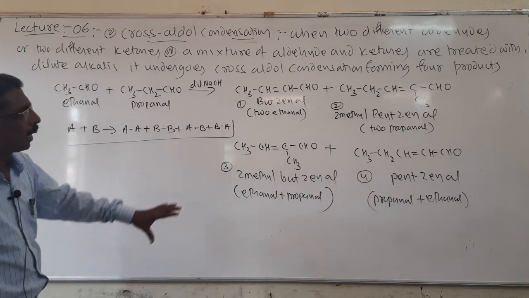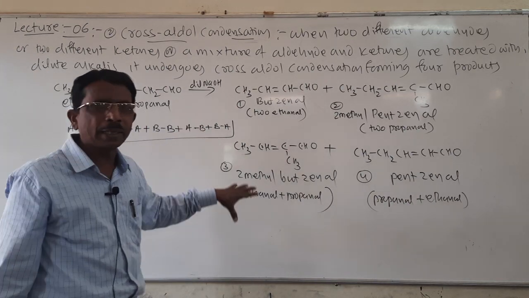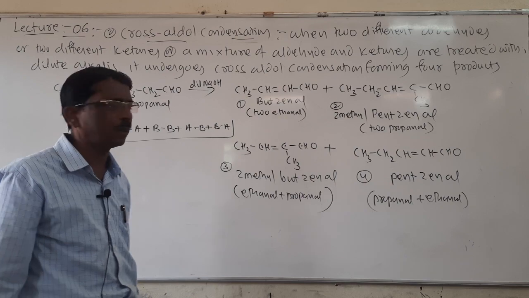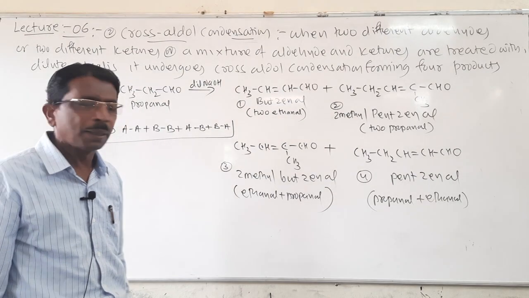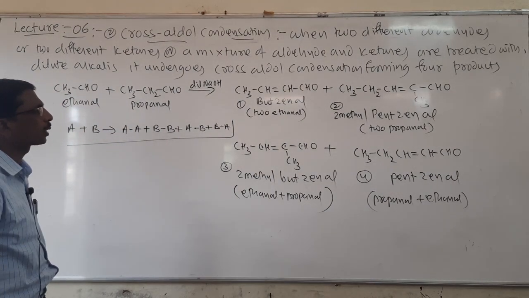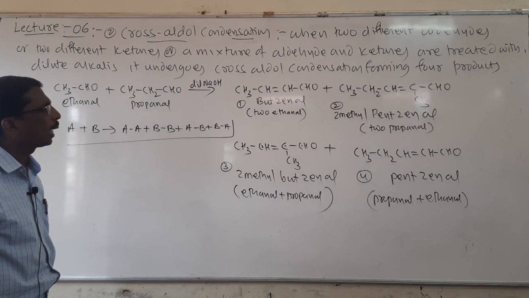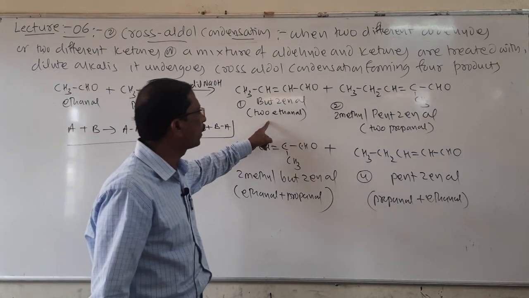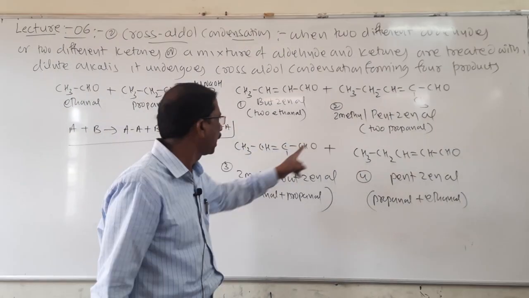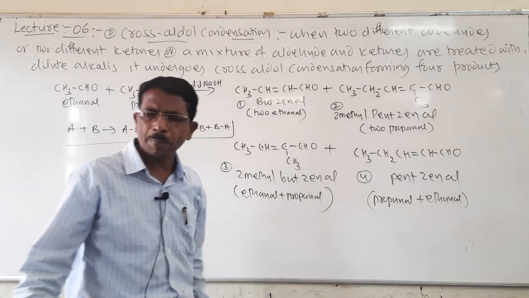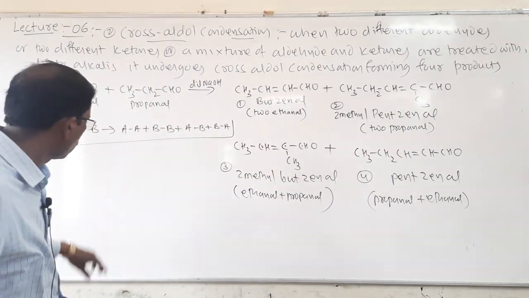Then, if they ask in detail how these four products are formed, remember students, I will write here the first product first, and the second, and the third and fourth one by one. So I will show one by one.